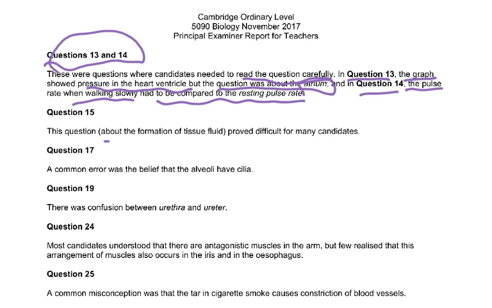Then question 15, the question about the formation of tissue fluid proved difficult. 17, a common error was the belief that the alveoli have cilia. Then 18, there was confusion between urethra and ureter. So please understand this, reading the exam report is a very good habit, and it helps you to understand which were the difficult questions and how you or other students misunderstood those questions.